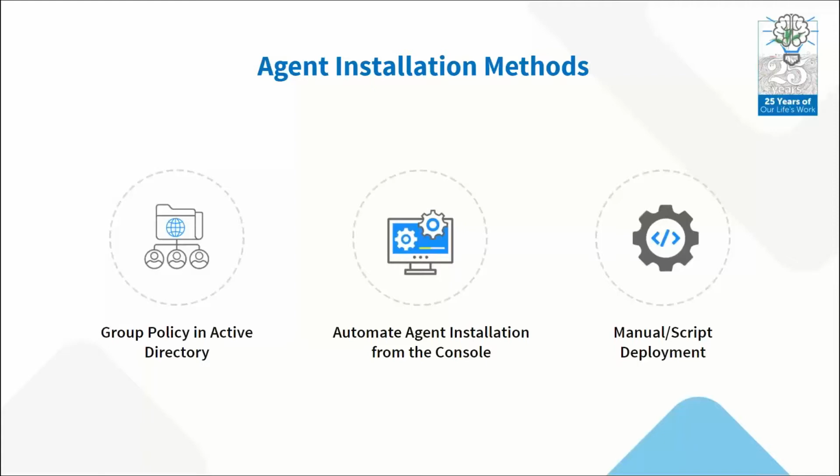The other, simpler method is to automate the agent installation directly from the product console. You can also choose to install the agents manually by downloading the exe available. You also have a few other methods for agent installation. To know in detail about them, please reach out to our support or you can reach out to us in the chat panel.